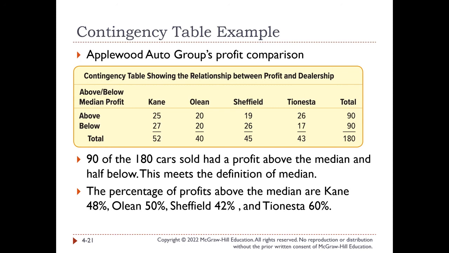Okay, the percentage of profits above the median are Kane with 48%, Olin with 50%, Sheffield with 42%, and Tonista with 60%. Again, this is taking the number divided by the total and figuring out percentages as we go.